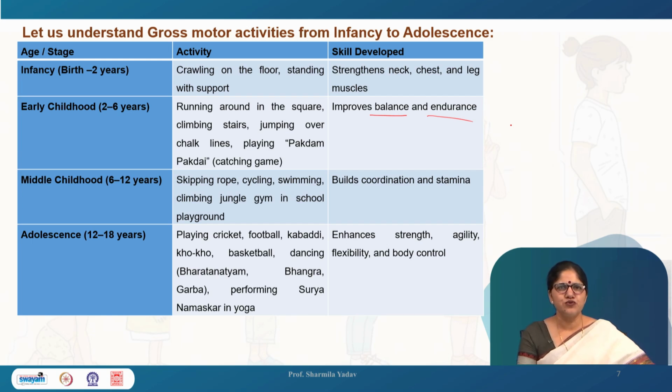Adolescence, that is from 12 years to 18 years: activities are playing cricket, football, kabaddi, kho-kho, basketball, dancing, any Indian dance form, Bharatanatyam, Bhangra, Garba, performing Surya Namaskar in yoga. And the skills are: it enhances very important strength, agility, flexibility and body control.